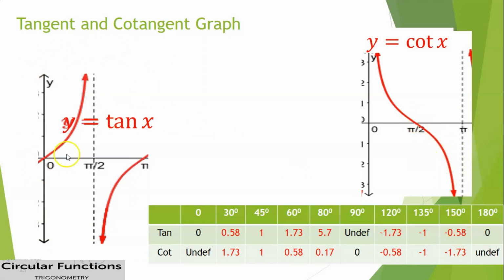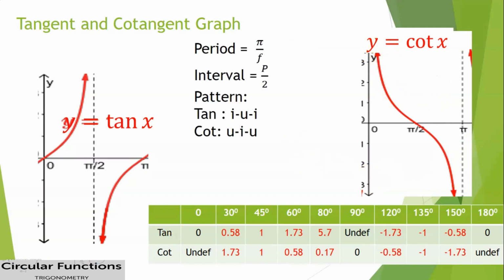So note the graph of tangent is like this, while the graph for cotangent is given as this one. For the period here, it is unlike sine and cosine. The period is 180 over frequency. The interval is period over the constant 2, and take note of the pattern.